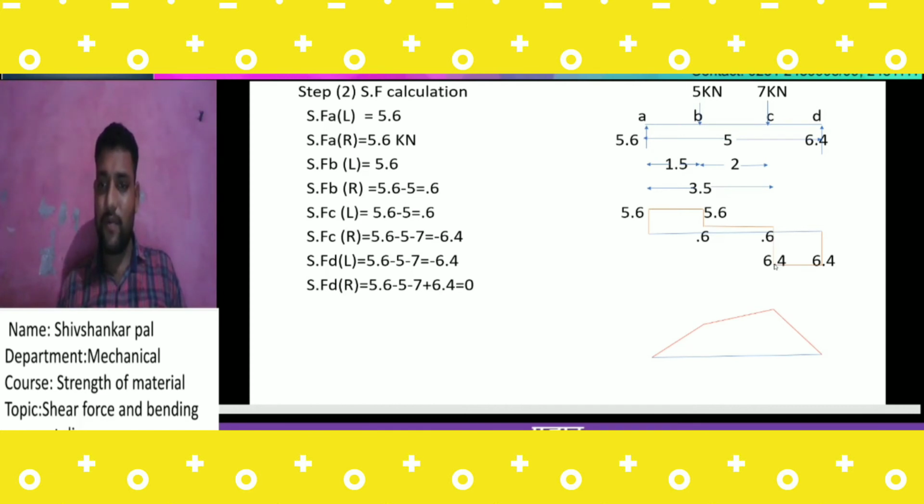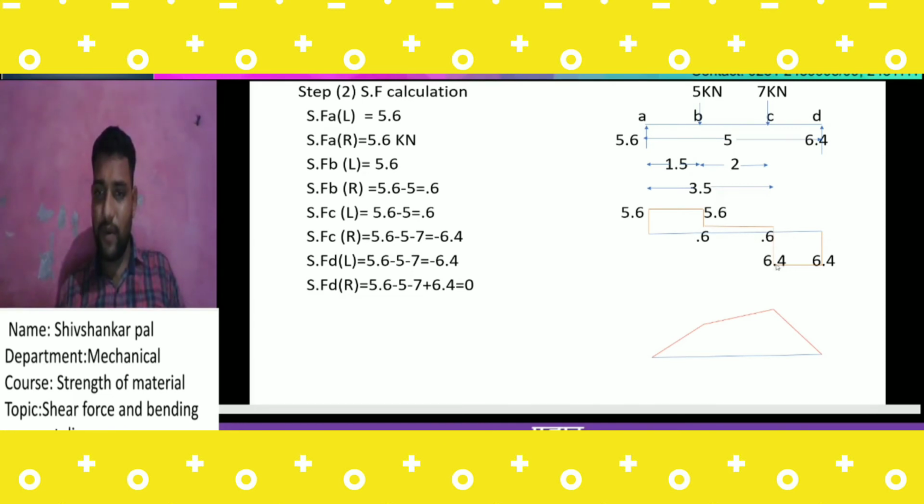In the shear force diagram, positive values are on the upper side and negative values on the bottom side.